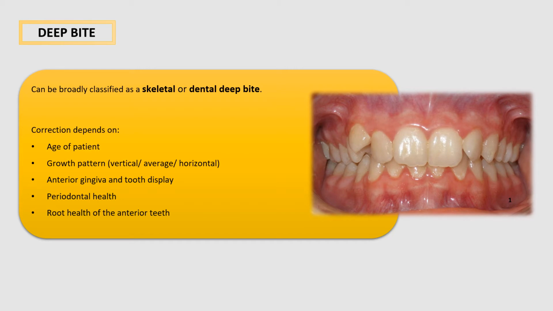You have to consider the growth pattern, which could be vertical or horizontal or a combination of both. And you also need to consider the anterior gingiva and tooth display, the health of the gingiva, the periodontal health of the patient, and also the health of the root structures of the anterior teeth. So all these factors play an important role in determining how you're going to go about treating these deformities.